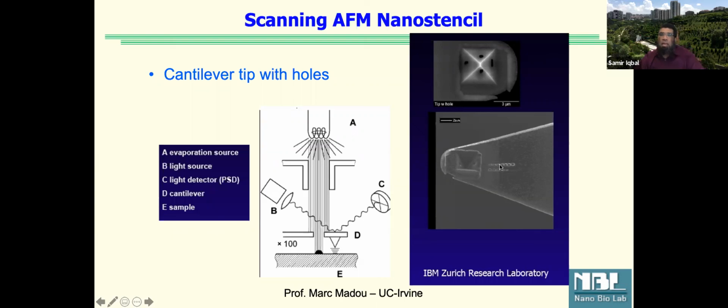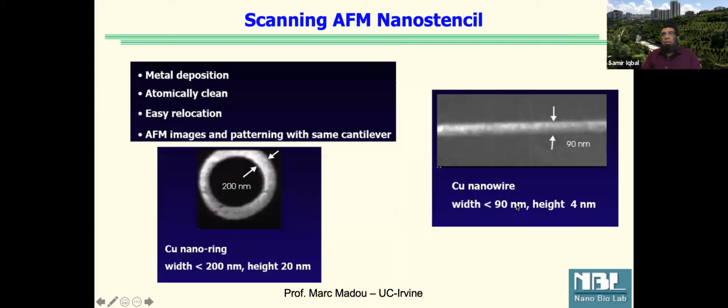This is done in Switzerland, where they used these small holes to expose the resist at the bottom or to deposit material through those holes in very precise ways at the surface. When you say deposit, they are basically using, again, a vacuum chamber and a source of metal vapors, and they use that to deposit at nanoscale.